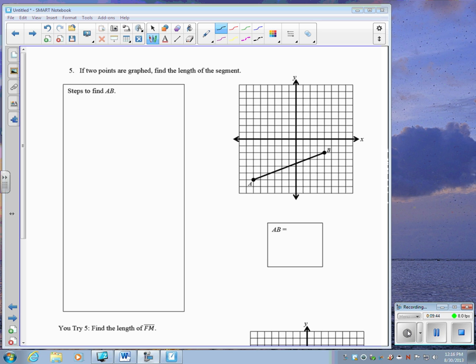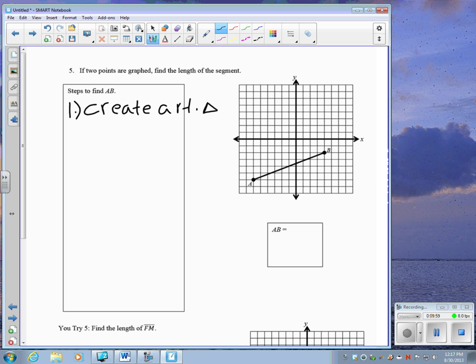So in order to do this, the first thing we have to do is create a right triangle. That's step number 1. How do we do that? Well, we can draw it on our graph.